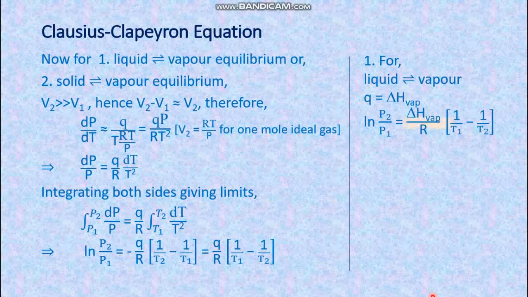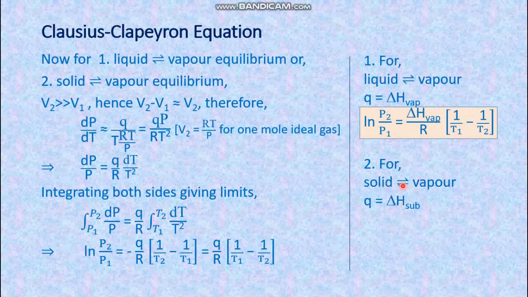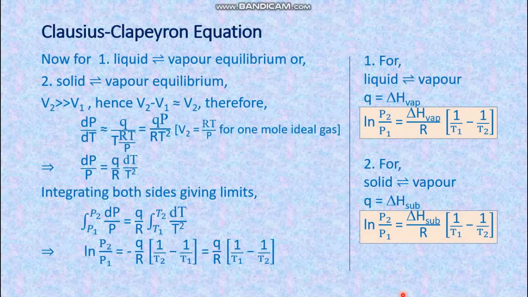And number 2, for a solid-vapor equilibrium, Q may be substituted with delta H sublimation, and the other things are the same: ln P2 by P1 equals delta H sublimation by R into 1 by T1 minus 1 by T2. So these two are the final forms of the Clausius-Clapeyron equation, and let's plot them.